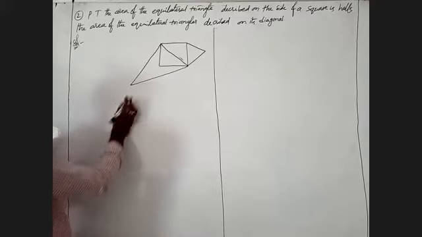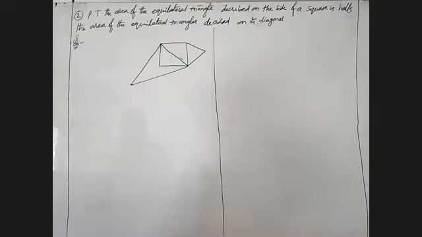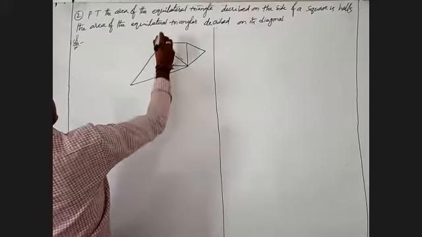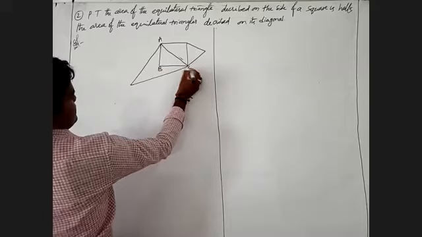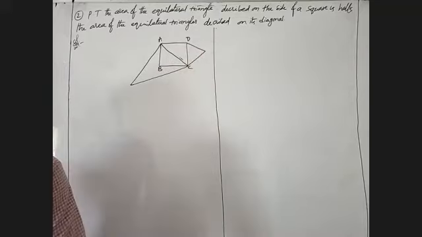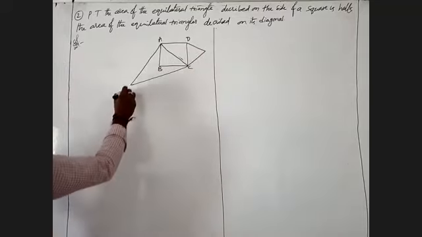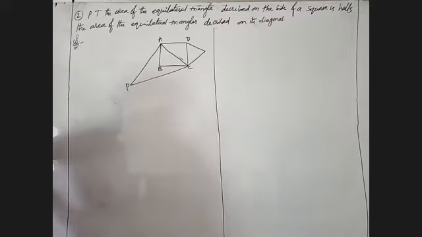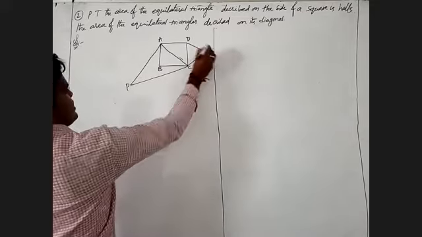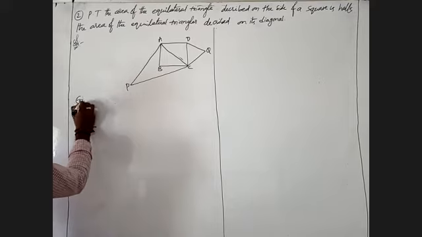This is the given proof of the theorem. We have to name it here. ABCD is a square. This is A, this is B, this is C, this is D. The equilateral triangle on the side is named as Q.